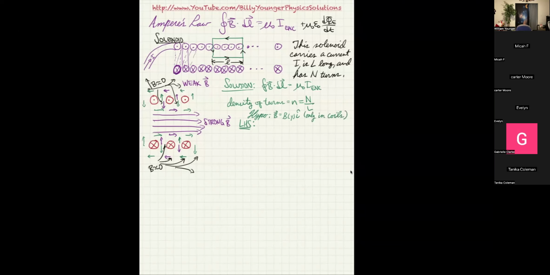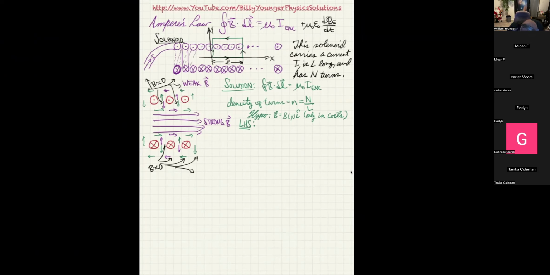In other words, it's approximately zero everywhere else, and it's B as a function of Y down the middle, and Y is your distance away. So, for instance, we might put that to be our x-axis, and put this to be our y-axis like that. So now you can see B should only depend on the distance y maybe that you are from the center. We're going to see if that pans out that way.